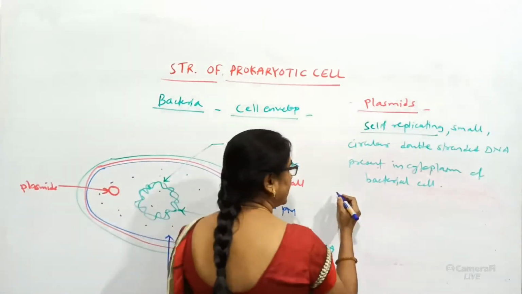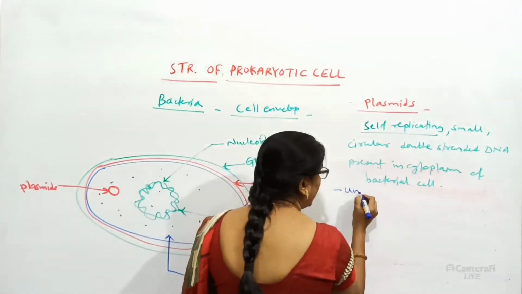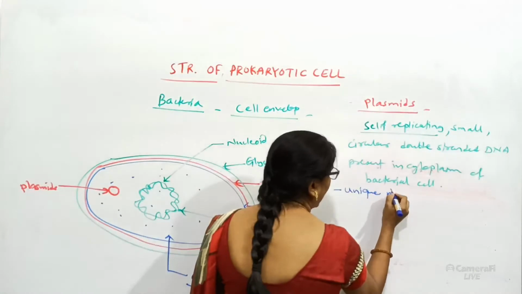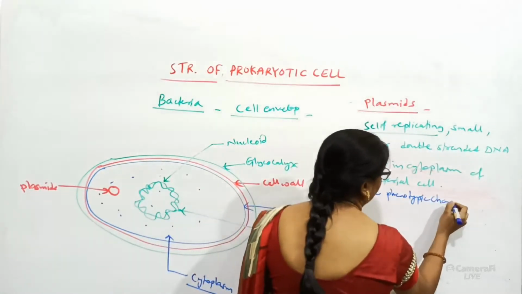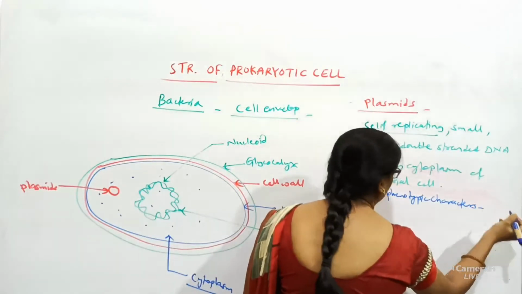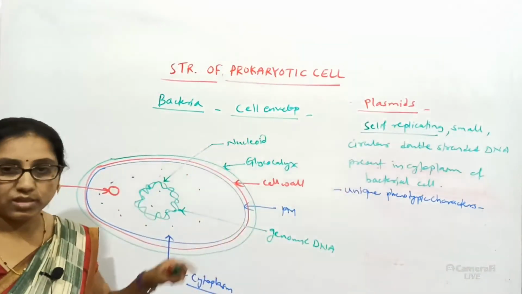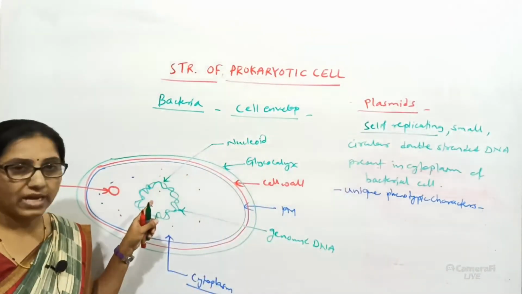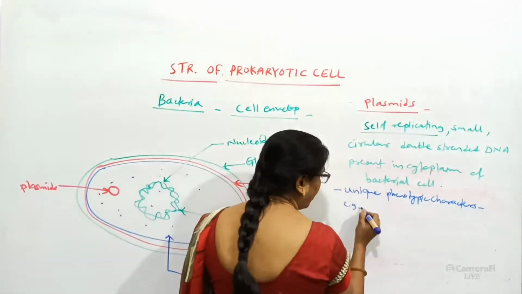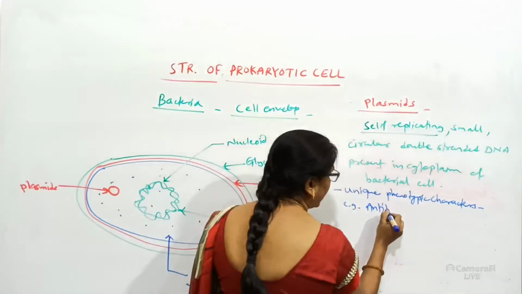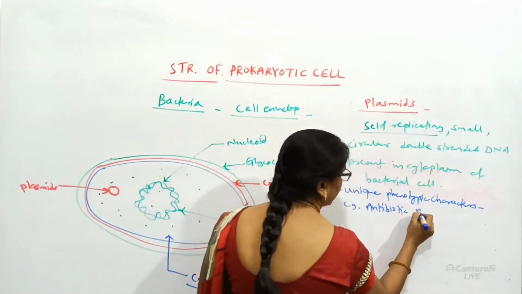These plasmids provide unique phenotypic characters to the bacterial cell. What do they provide? Unique phenotypic characters. One of those characters, for example, is antibiotic resistance.